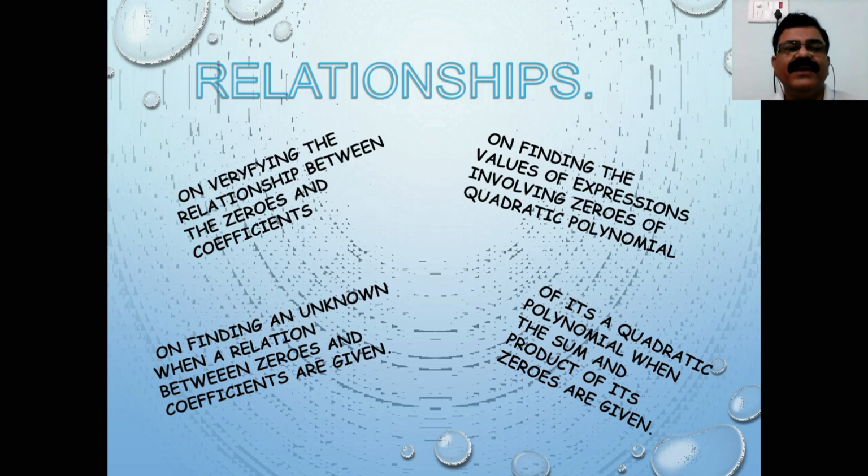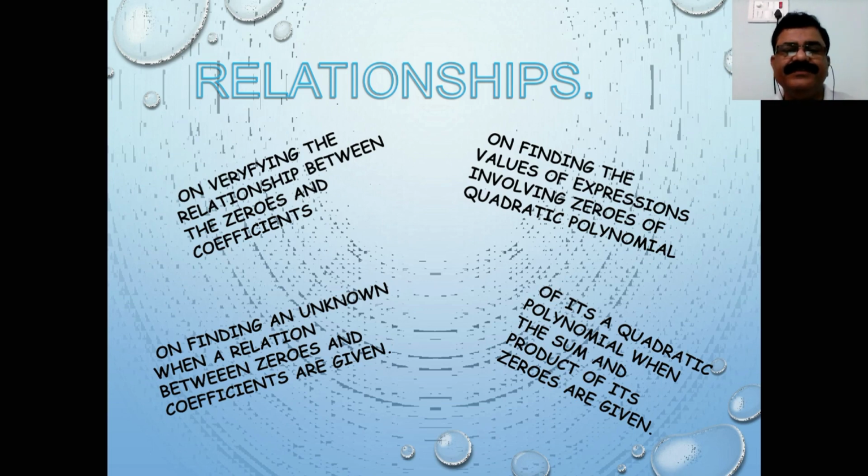Now you have seen the relationship and its characteristics, and by seeing this very summarized form you can understand. The first characteristic, which is very essential to learners, is verifying the relationship between the zeros and coefficients. Second, finding an unknown when a relation between zeros and coefficients is given.